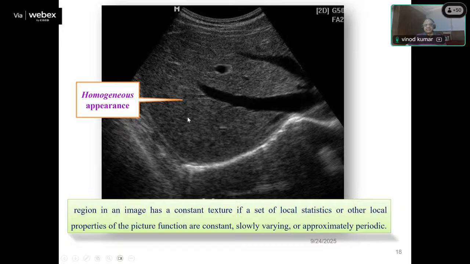If we find that the statistical parameters are not changing, or changing very slowly, or are periodic in nature, since some of the noise can be periodic, we call this area homogeneous. Maybe we can add more parameters.